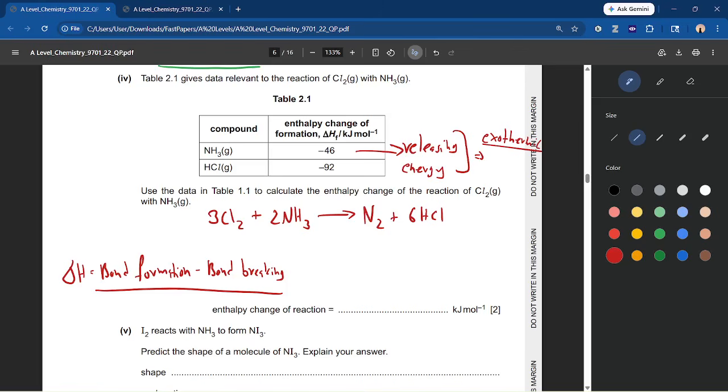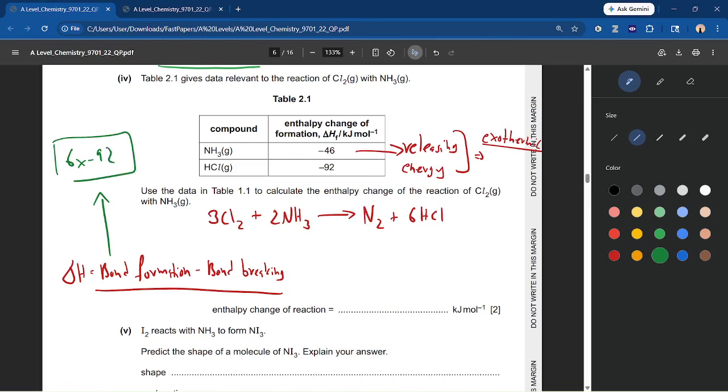So let's find out what energy is released in bond formation. For bond formation, you're going to have HCl being formed 6 times, so this will be 6 into minus 92.